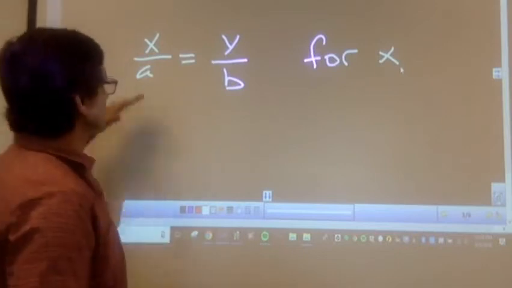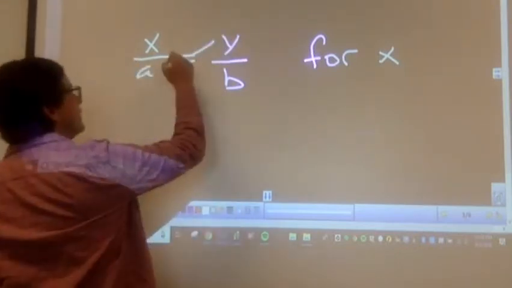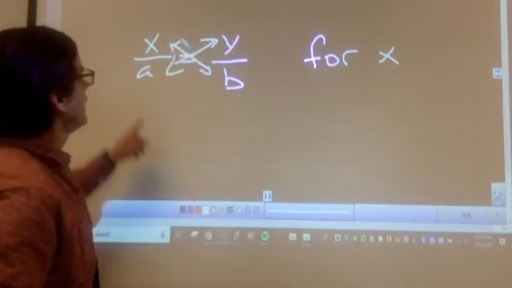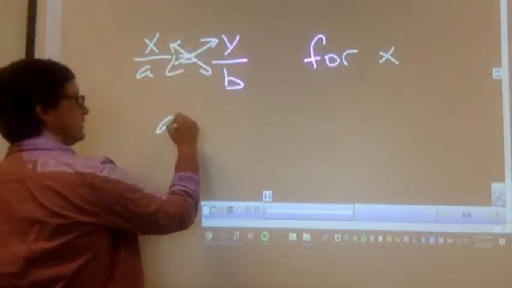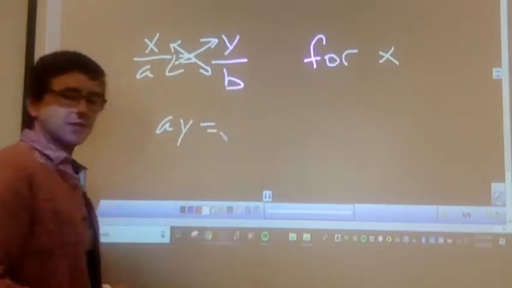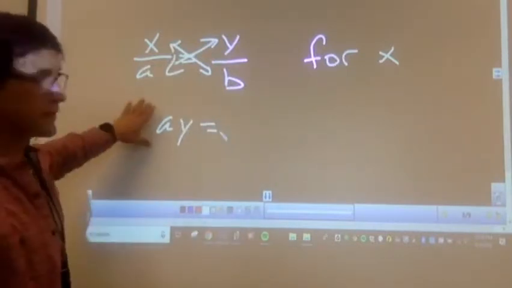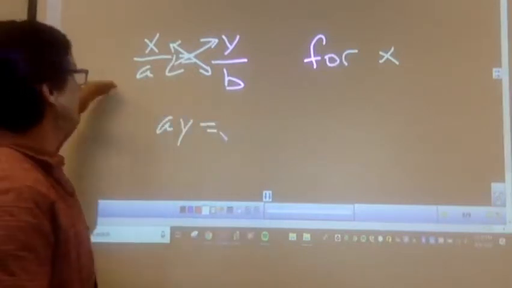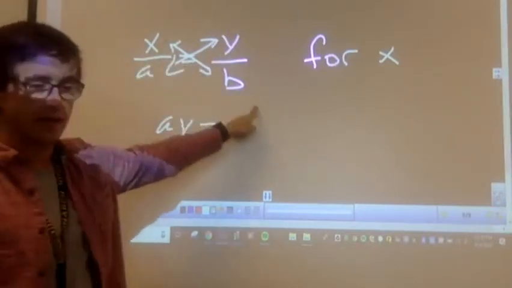It just makes it easier. So you multiply this direction and multiply this direction, and you get ay over here equals... now the mistake I see students make with this is they put it as a fraction instead of one side equals the other side. So a times y equals x times b.